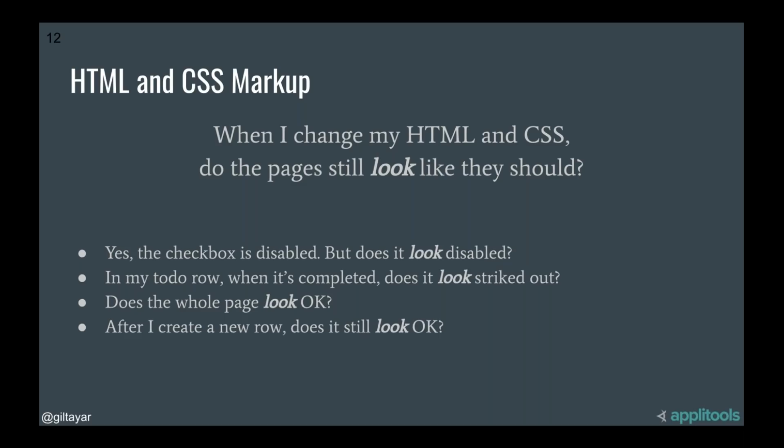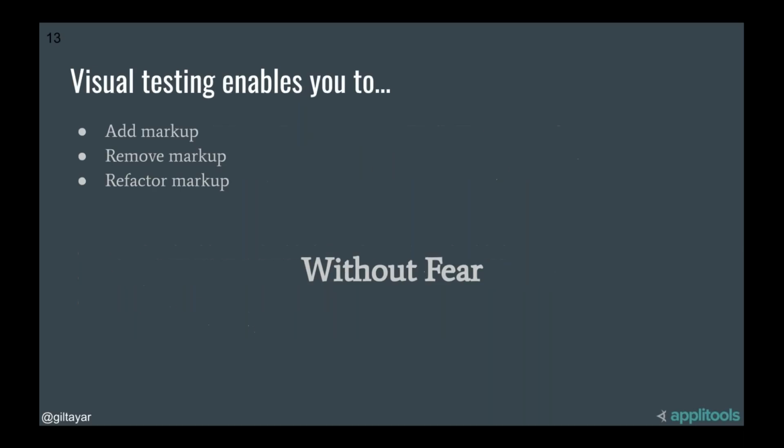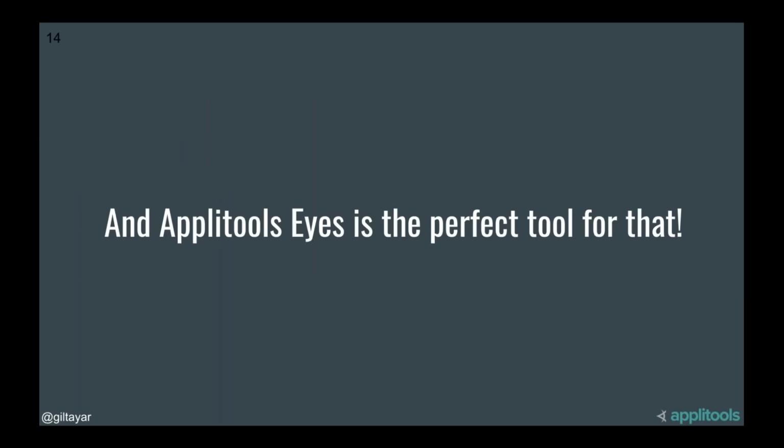So I have that problem of HTML and CSS markup, and that is what visual testing is for. Visual testing enables us to add markup in CSS, remove markup in CSS, and refactor the markup in CSS without the fear of breaking anything. And Applitools Eyes, as I said, I believe is the perfect tool for that, but we'll get there later.